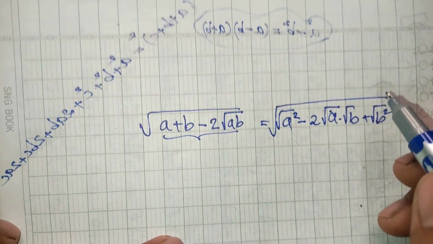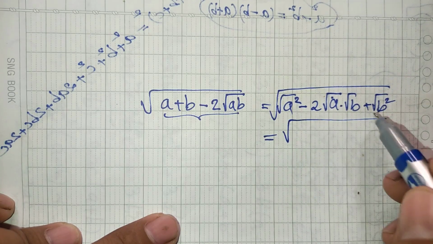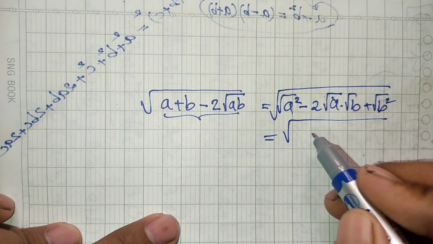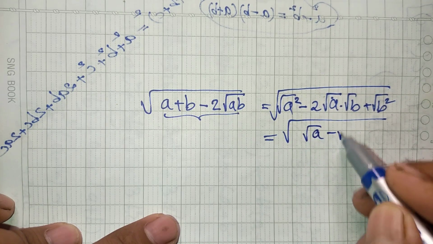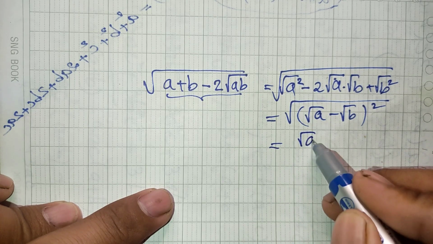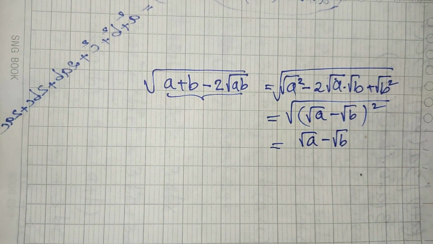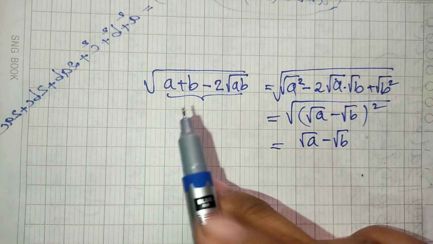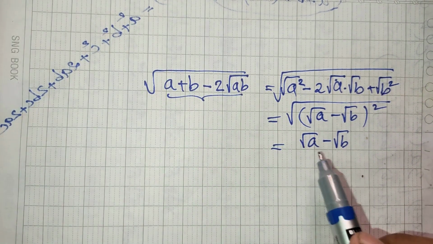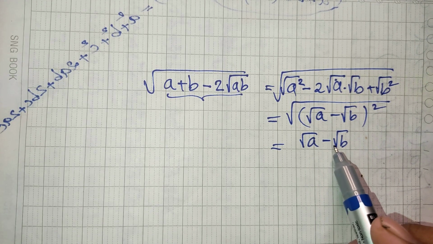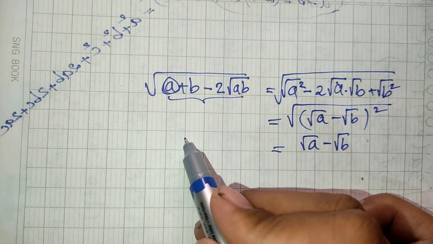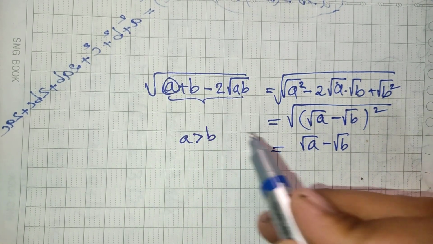This is the square root of a minus square root b, all squared, which equals square root a minus square root b. So the square root of a plus b minus 2 square root of ab gives square root a minus square root b, where a must be bigger than b.